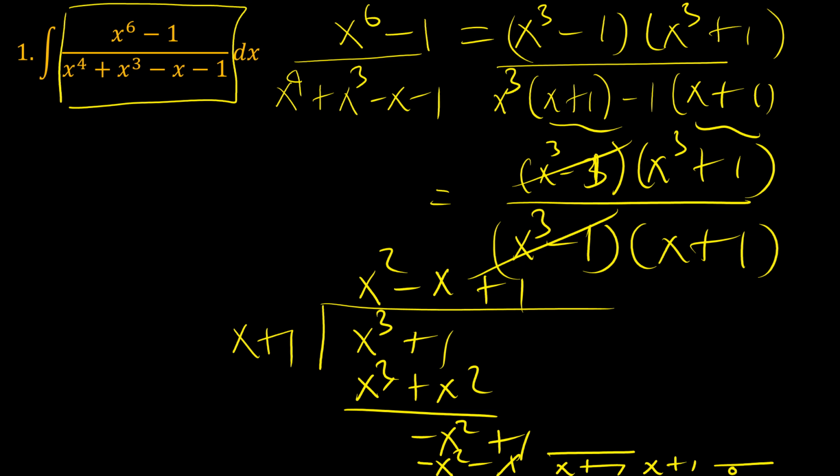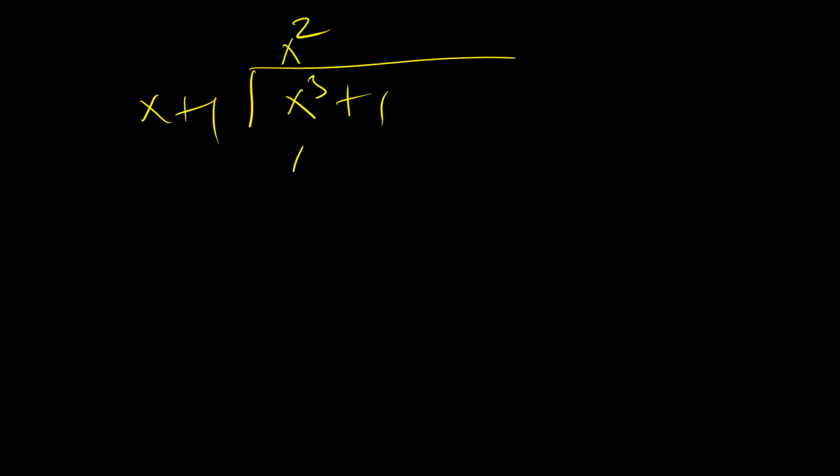So let me make that a little bit clear for us, so that we're not lost. We're saying, okay, x to the power 3 plus 1 divided by x plus 1. We multiply by x squared, we get x cubed plus x squared.